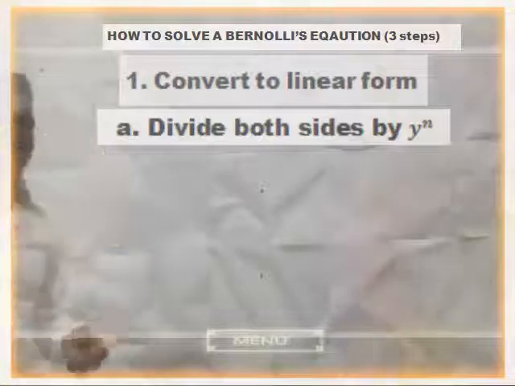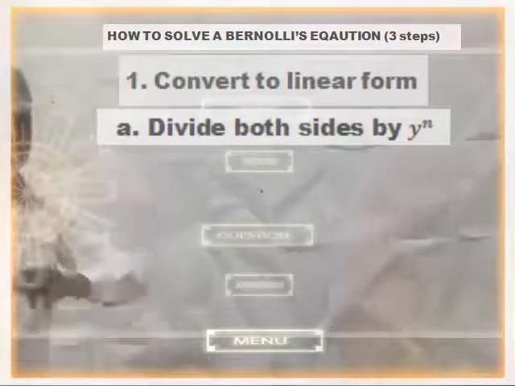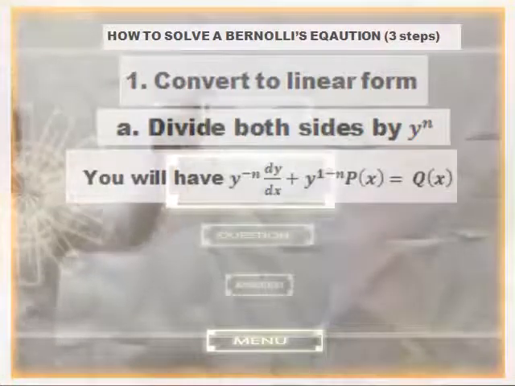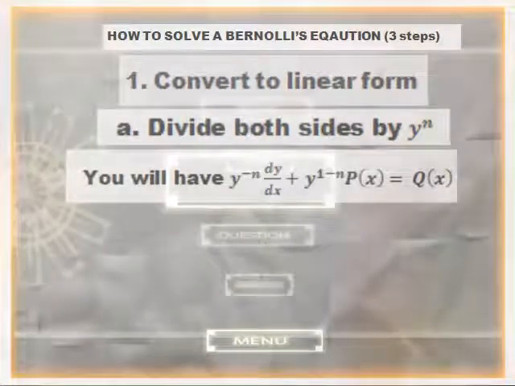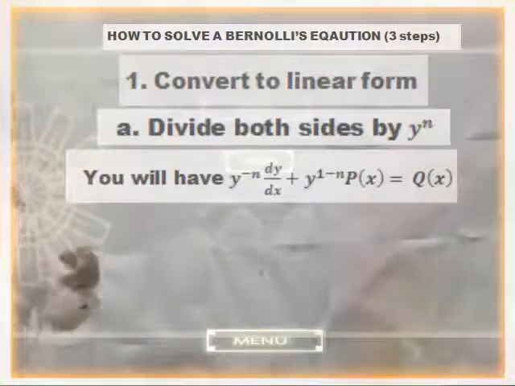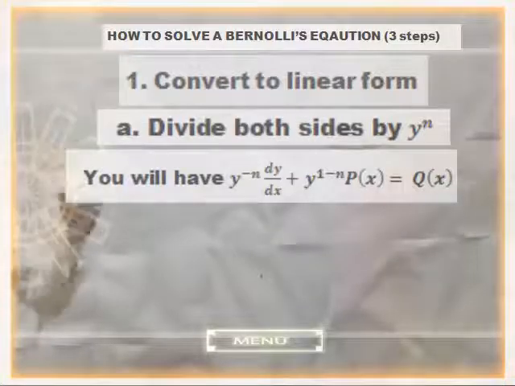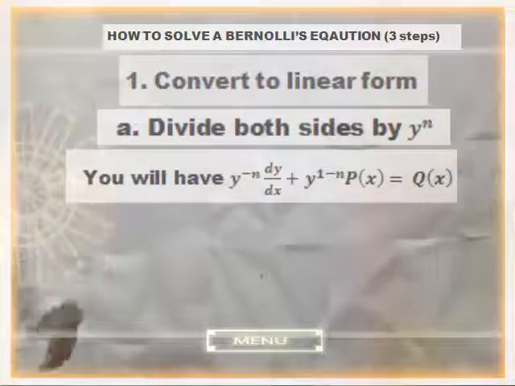If you do that, you're going to have y to the power of negative n dy dx plus y to the power of 1 minus n p of x equal to q of x.